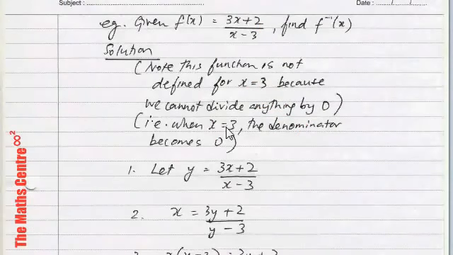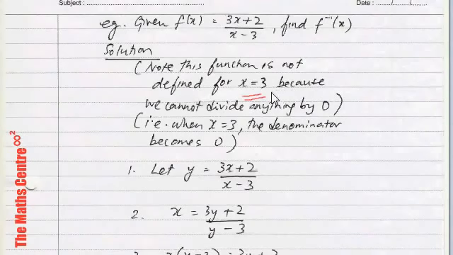Let's look at a more elaborate example. You are given f of x equals to 3x plus 2 over x minus 3, and you are asked to find f inverse x. So this is a rational function, 3x plus 2 over x minus 3. A couple of remarks. Note that this function is not defined for x equals to 3.